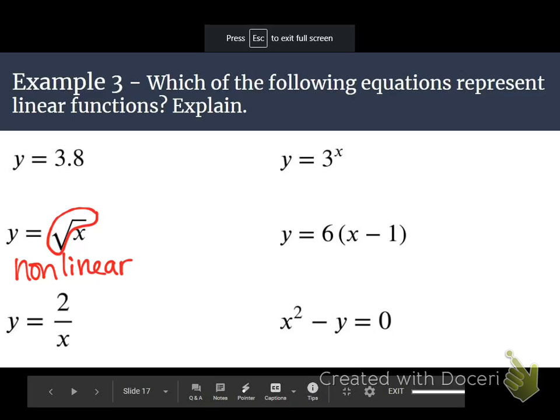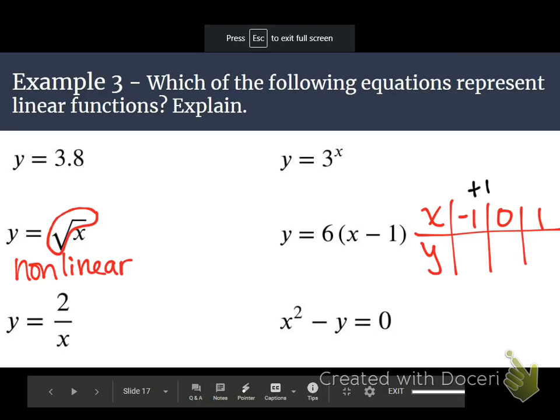On this next one, let's do another table. We'll pick a few numbers to plug in. So if I want to plug in -1, 0, and 1, how are my x's changing? I'm still adding 1 to my x's.